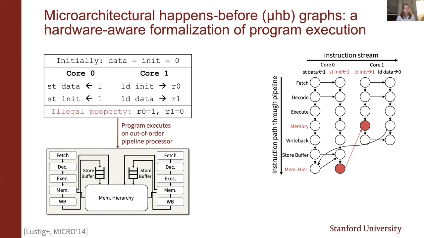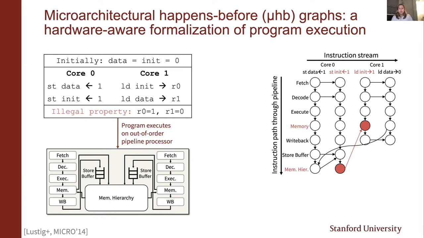In particular, since the memory hierarchy is the only mechanism by which two distinct cores can communicate with each other, the only mechanism of shared state between the cores, the load of 1 into init must have happened after the store of 1 into init reached the memory hierarchy.